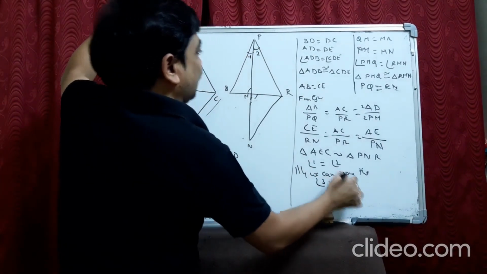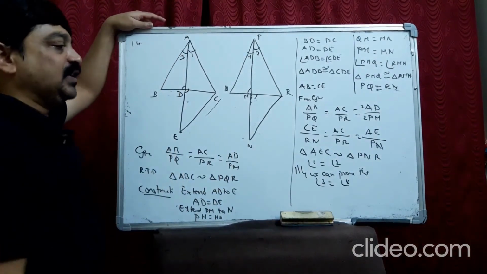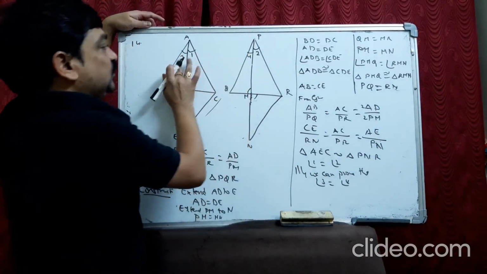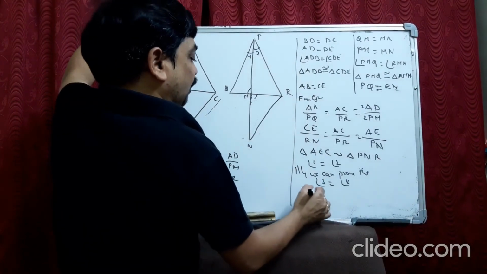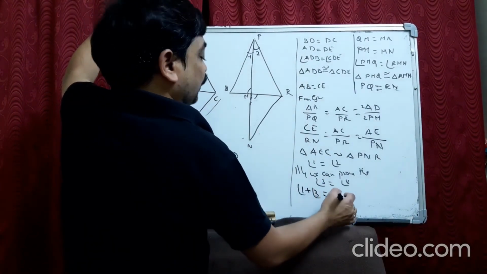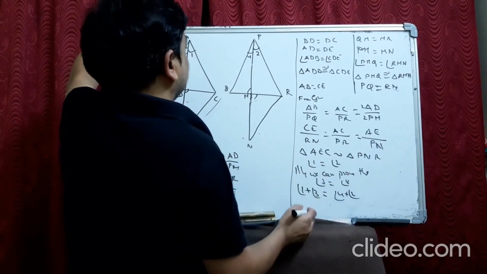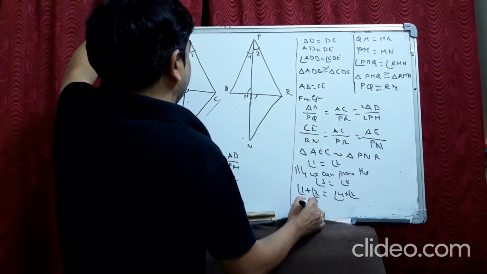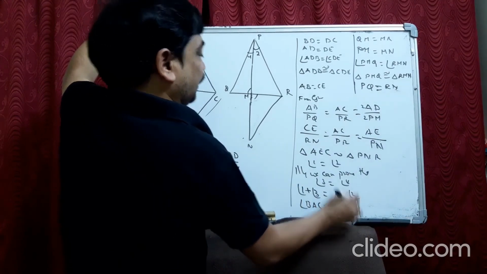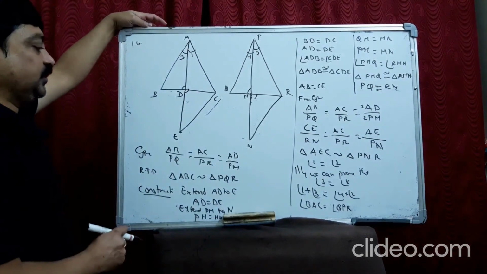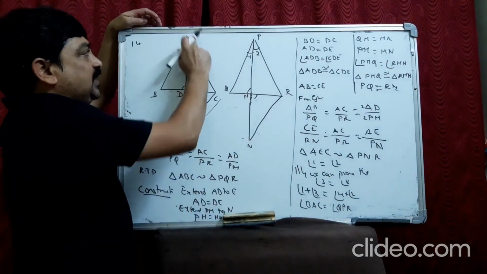So if you add these two, these two should be equal to these two. Therefore, angle 1 plus angle 3 is equal to angle 4 plus angle 2. That means angle BAC will be equal to angle QPR.